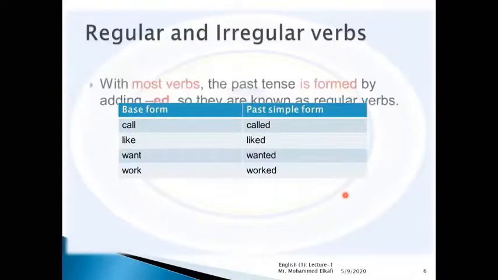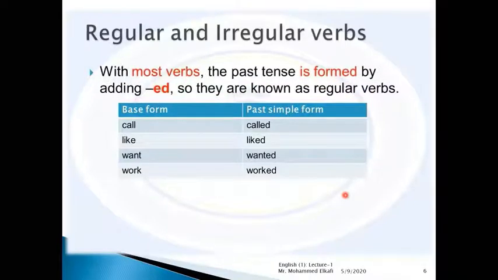Regular and irregular verbs. With most verbs, the past tense is formed by adding ed, so they are known as regular verbs. The base form here is call, and the past simple form of it is called.